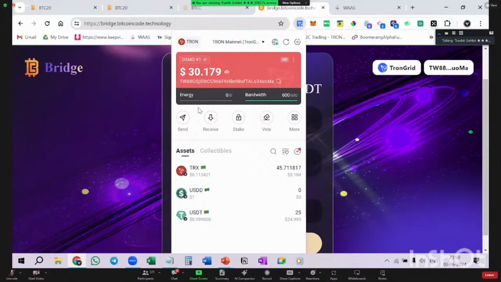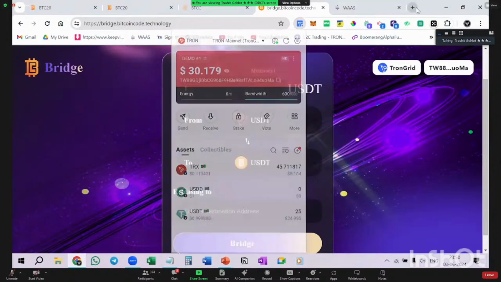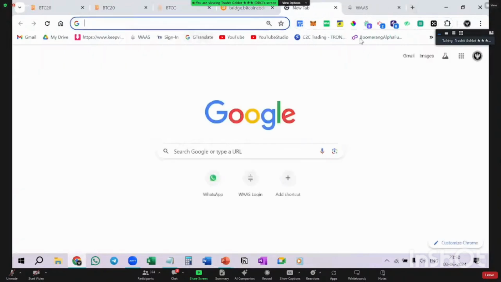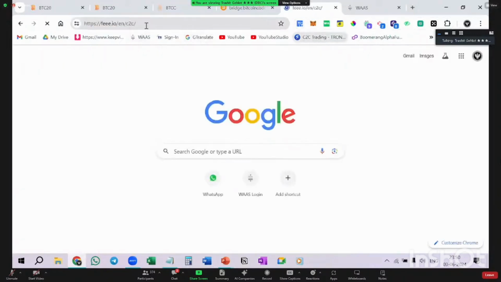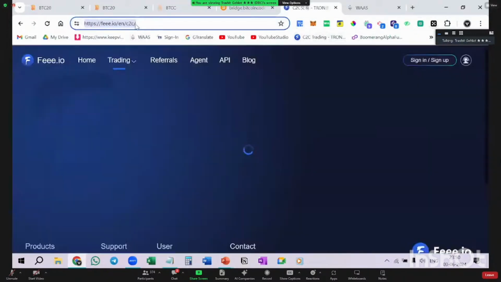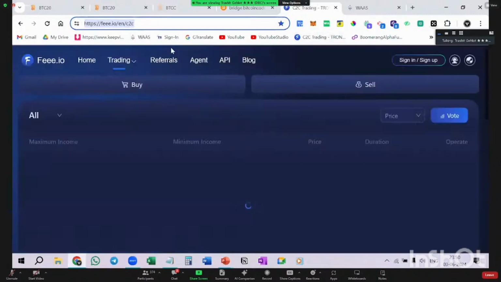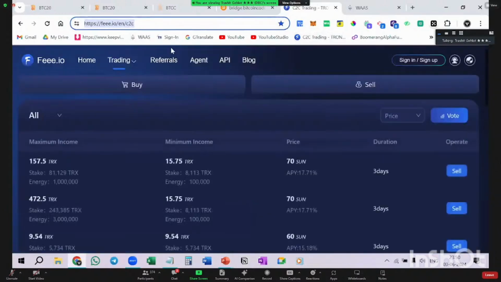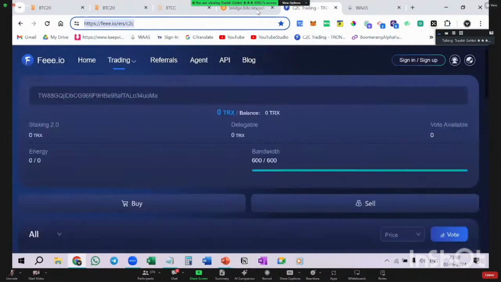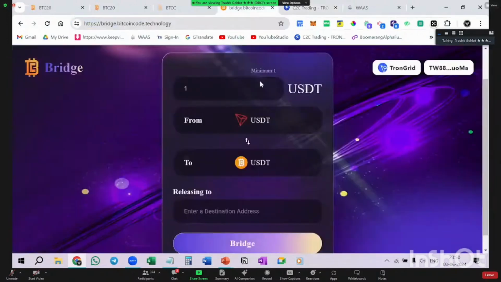Now, by default, you don't have any energy on your Tron Link wallet, but you have an option where you can borrow this energy. So I'm showing you one interesting feature with which you can reduce the gas fees required on the Tron blockchain. Let me show you first how much gas fees is required.